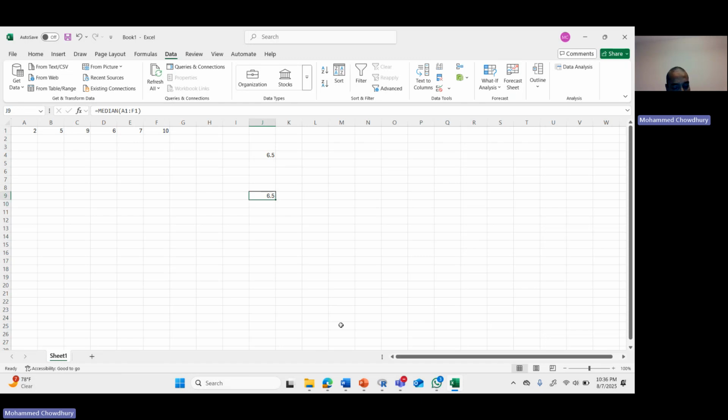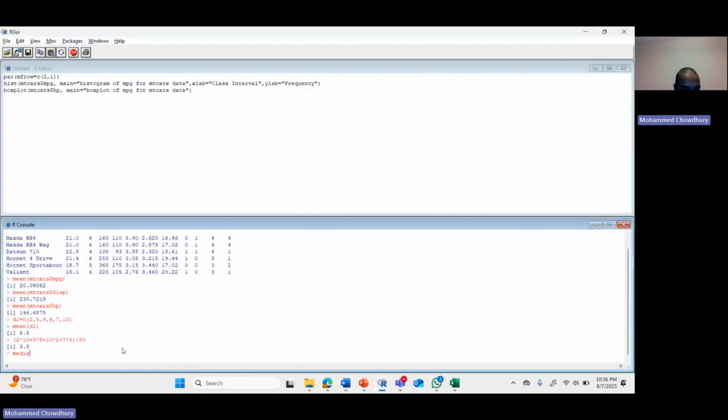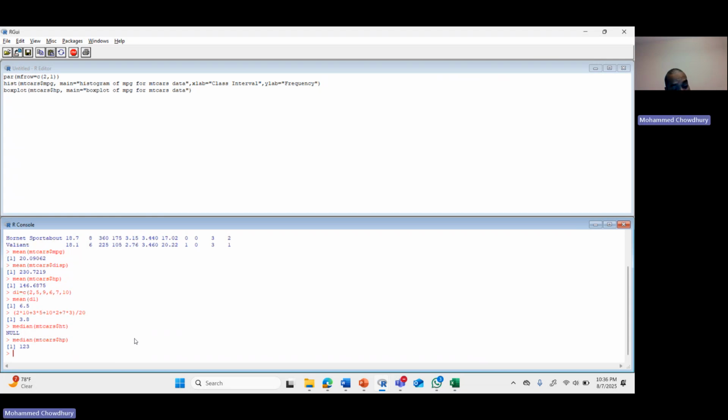That is why this is the median. How can I find the median using mtcars? Let me check median, and then mtcars is the built-in data, the dollar sign is the separator. If I put here HP, 123 is the median. That's the way you can compute your median.